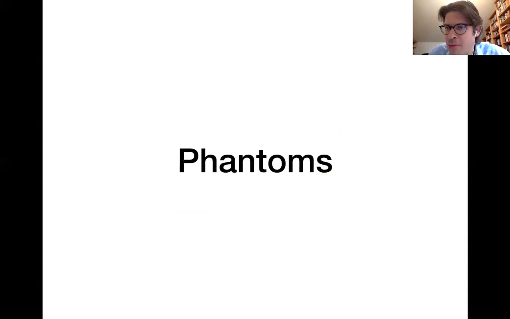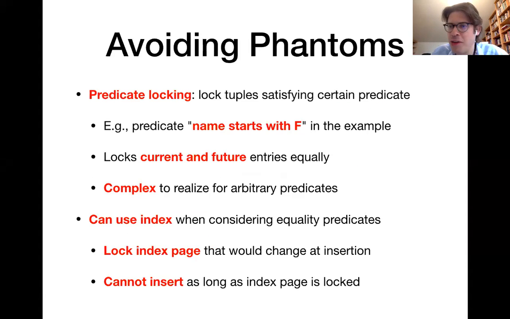Then we discussed phantoms, an additional anomaly where I retrieve a set of objects from the database based on predicates, and when running the query twice, I suddenly get different results because other transactions inserted something. We discussed how we can avoid that using indexes.